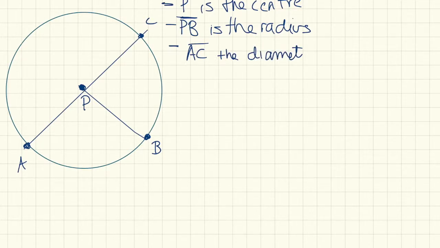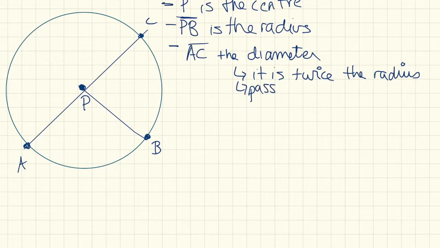A very important relationship between the radius and the diameter: the diameter is twice the radius. And it passes through the center. Very important. I apologize for the crookedness of my line.